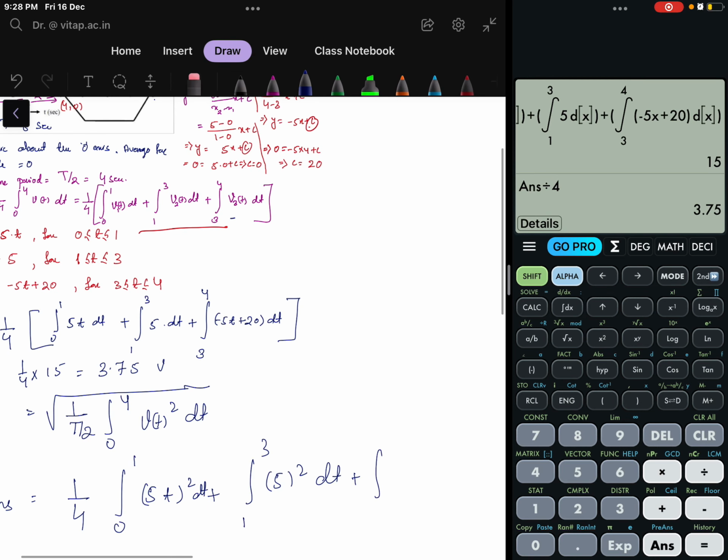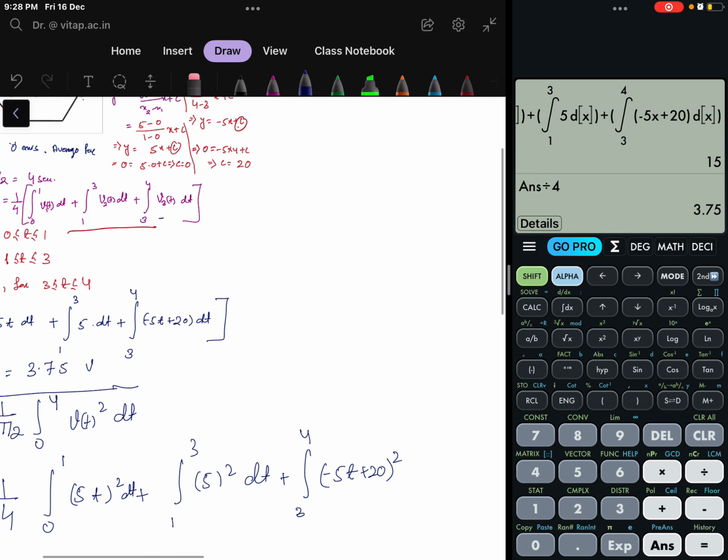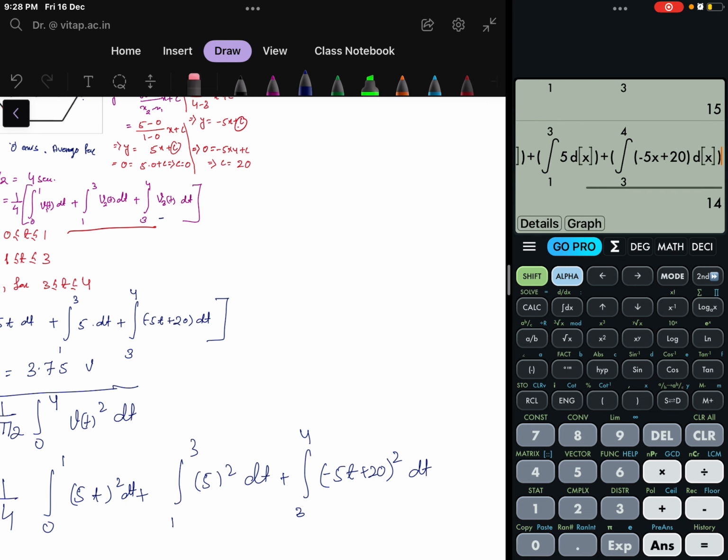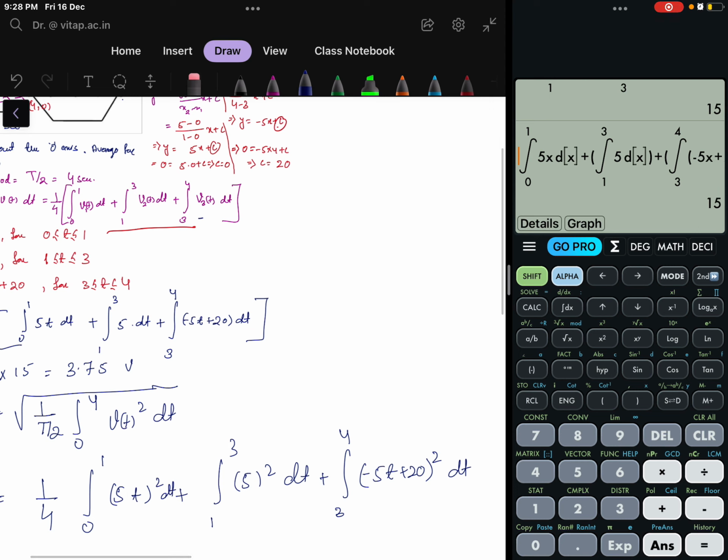plus integration of minus 5t plus 20 whole square, and here the limit is 3 to 4, dt. So, the same equation, I am just making it to square.